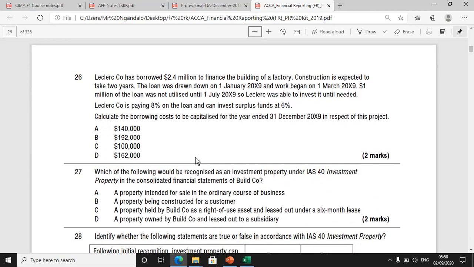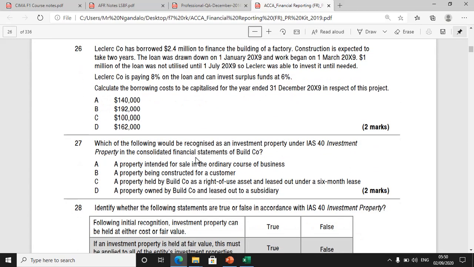This is question 26. It says Leclerc company borrowed 2.4 million to finance the building of a factory. Construction is expected to take 2 years. The loan was drawn down on 1st January 20X9 and work began on 1st March X9. Again, we're dealing with about 10 months there, if we're going to go all the way to December.